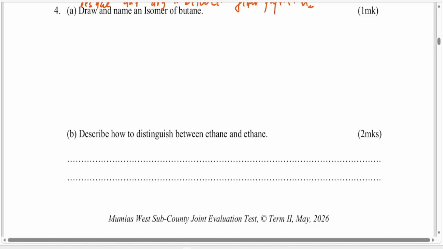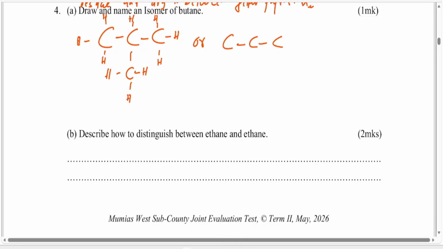So we may have C, C, C. We draw an open chain like this, or we compress the methyl. We have it this way. Then the methyl, we compress it this way.